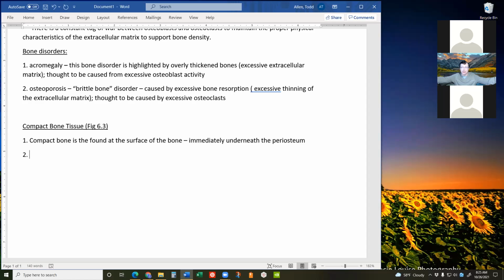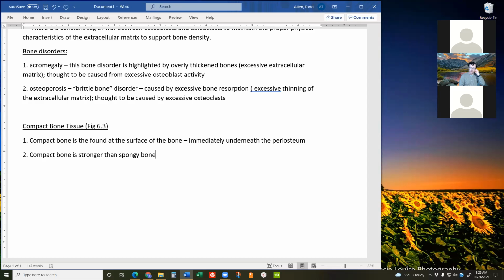Compact bone is the stronger type of bone tissue. Compact bone is stronger than spongy bone.